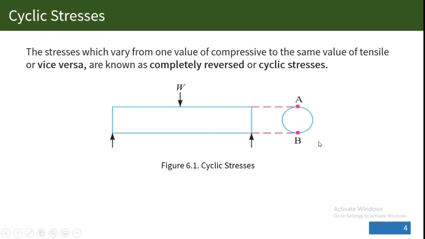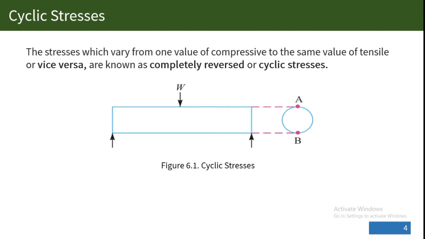After half a revolution, the point B occupies the position of point A. Alright? It occupies the position at point A, and the point A occupies the position of point B. So thus, the point B is now under compressive stress, and the point A is now under tensile stress.